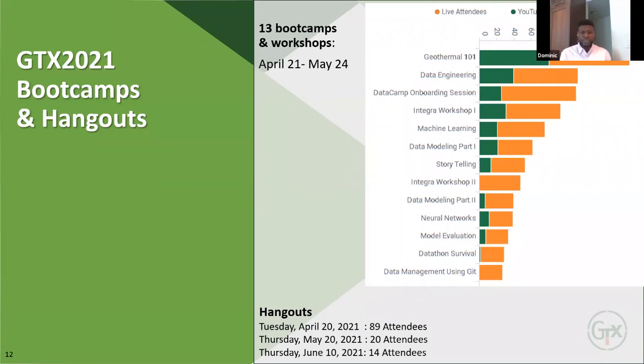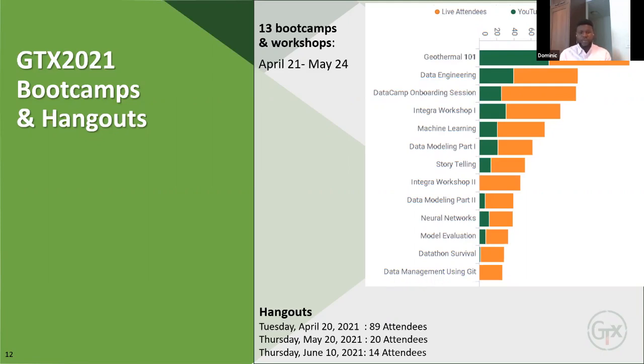You will notice that the highest attendance was with the geothermal, data engineering, DataCamp, and integral workshops. We had almost an even split between live attendees and people watching the videos on YouTube.